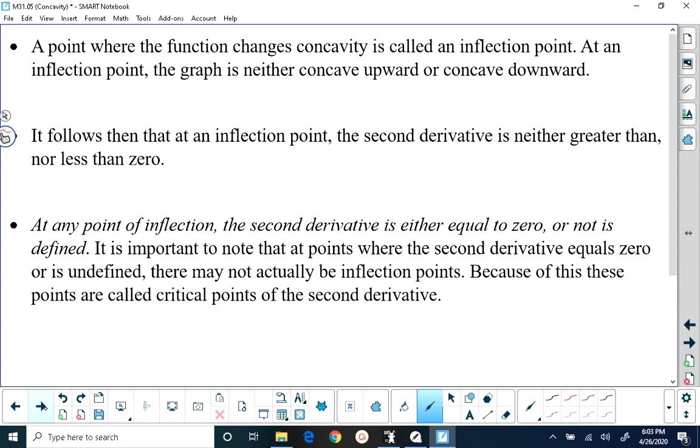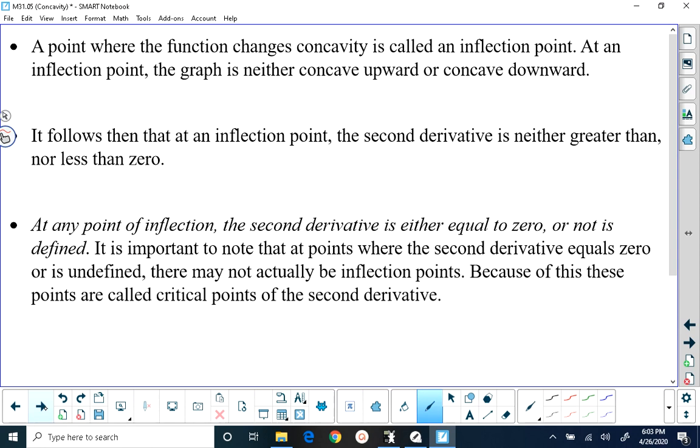These points where the second derivative is either 0 or undefined may not actually be inflection points. This is very similar to when we did first derivative analyses to determine max-min locations.